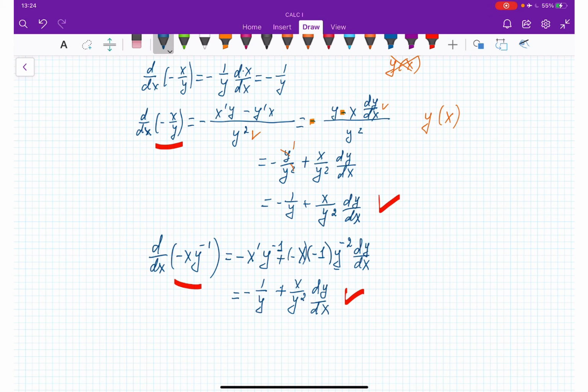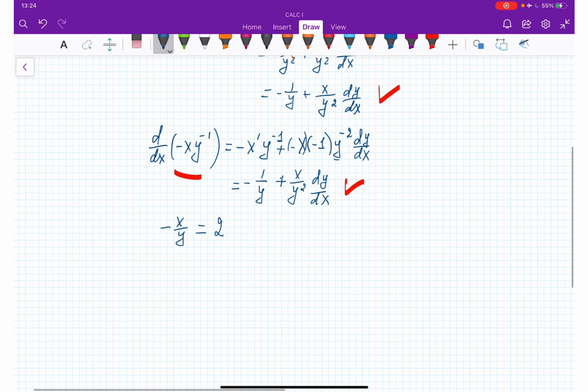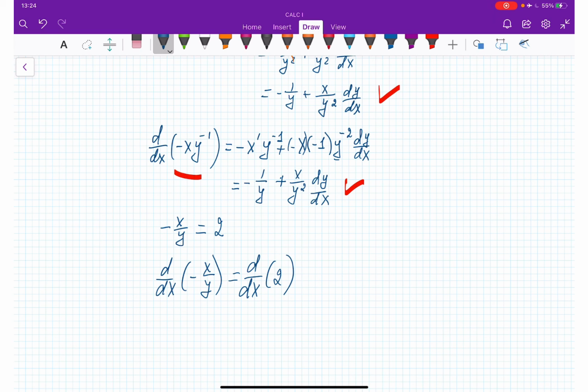If I have, let's say, negative x over y equal to 2, then I am applying implicit differentiation: d by dx of negative x over y equals d by dx of 2, and we go from there.